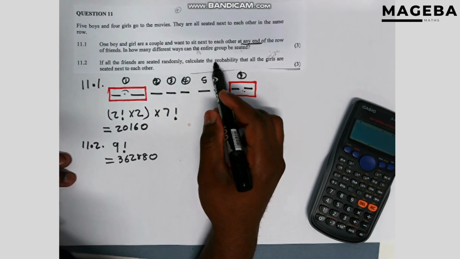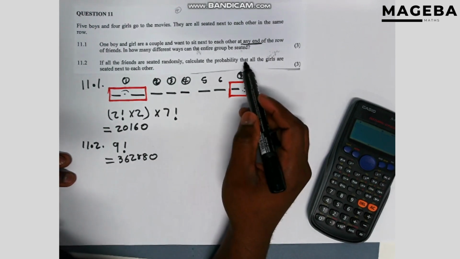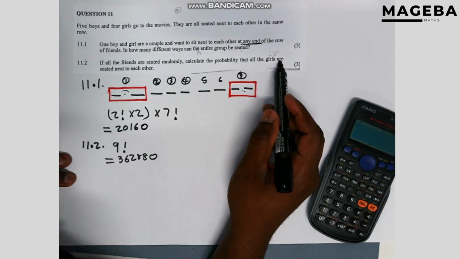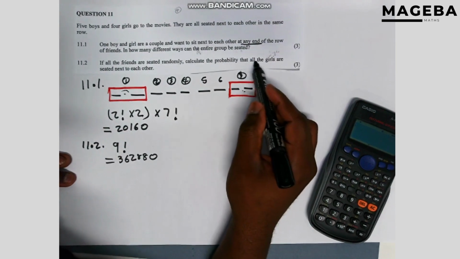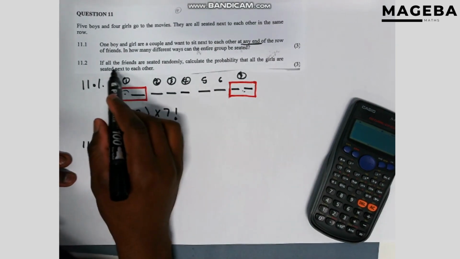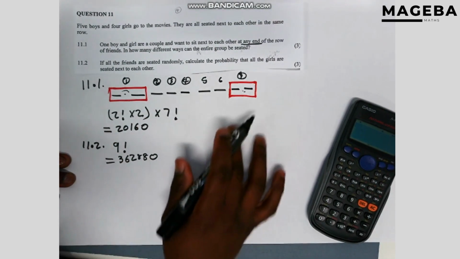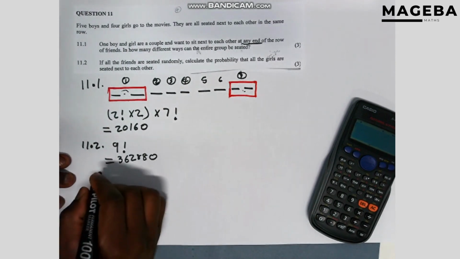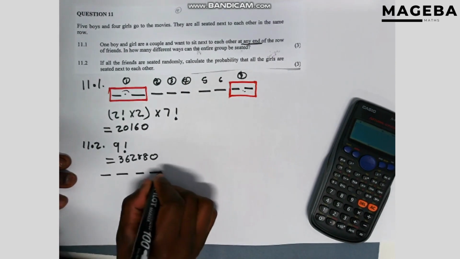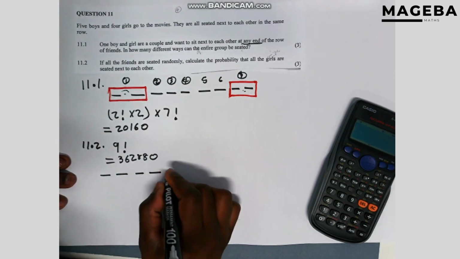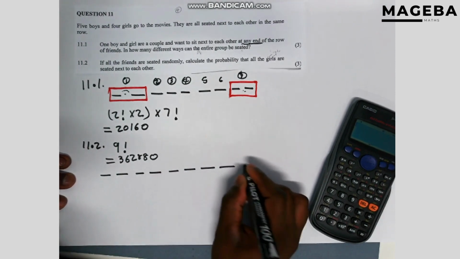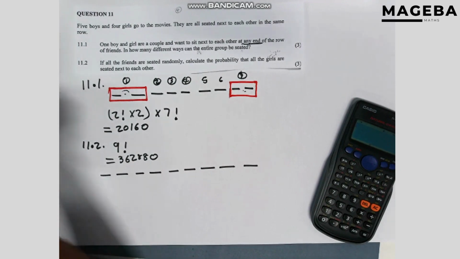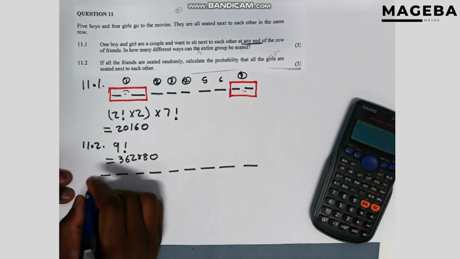Now calculate the probability that all the girls are seated next to each other. How many girls do we have? We have 4 girls, 1, 2, 3, 4, and then 5 boys.